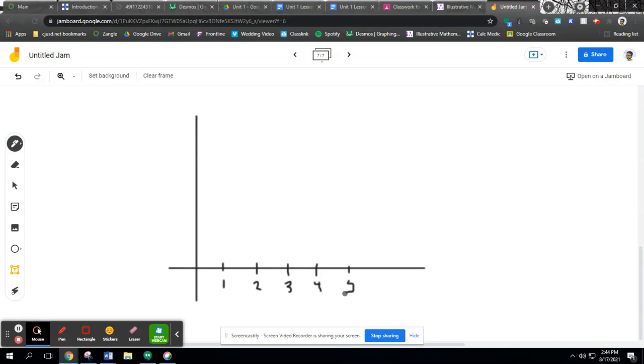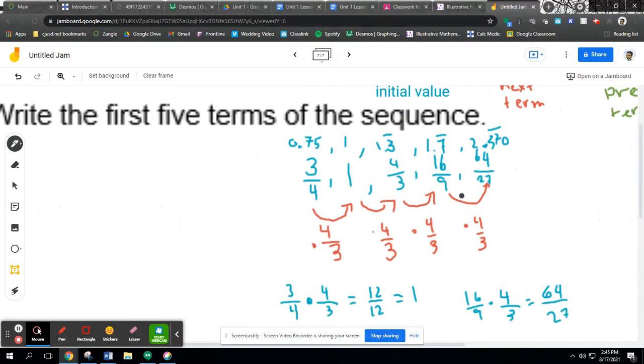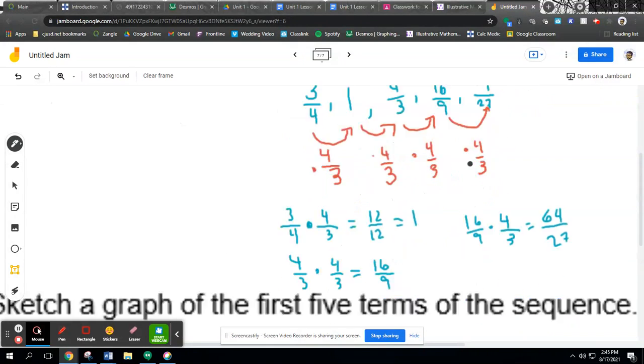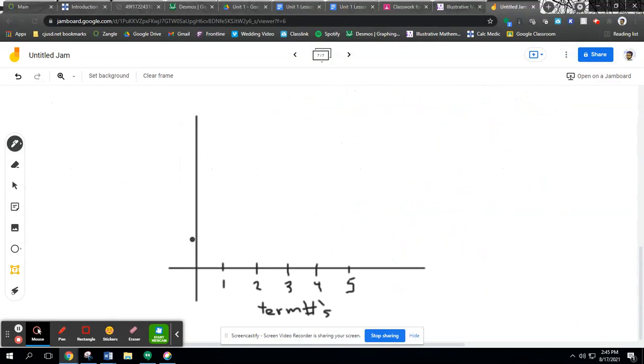We've seen steps like this in class, so these are terms, or term numbers. It's like term number 1, term number 2. And then going up this way, well, I know the smallest value I have is 0.75, and the biggest is 2.370.